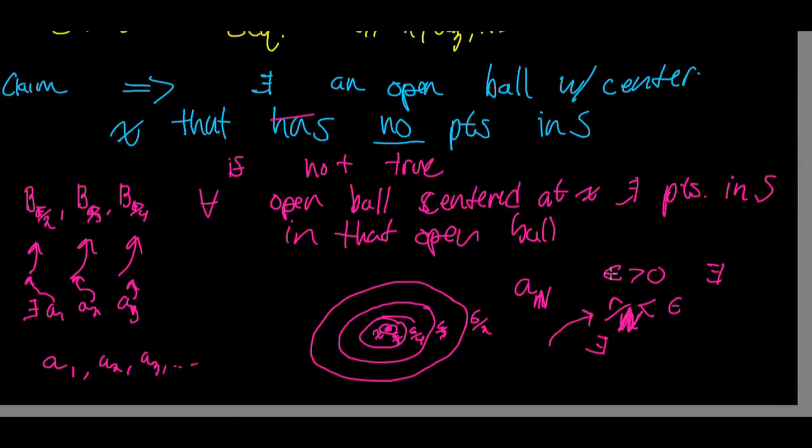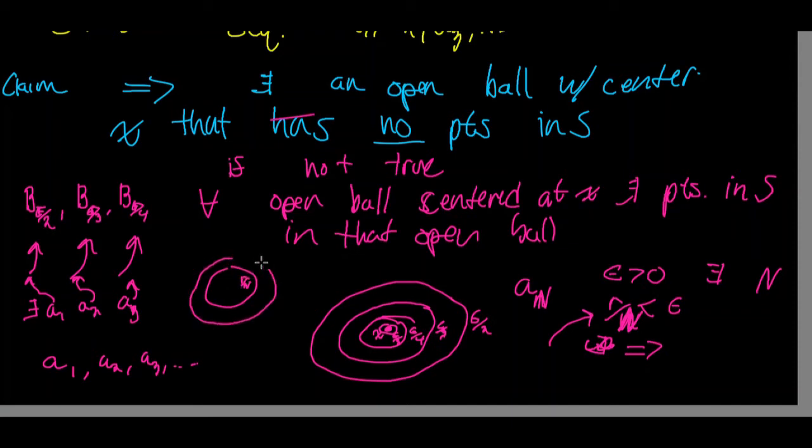So for every epsilon strictly greater than 0, there exists an n such that r over n is strictly less than epsilon, which implies that all the open balls of radius smaller than r over n have points in this sequence that are a distance away from X strictly smaller than epsilon, because they're in an open ball of radius r over n, which is strictly smaller than epsilon.